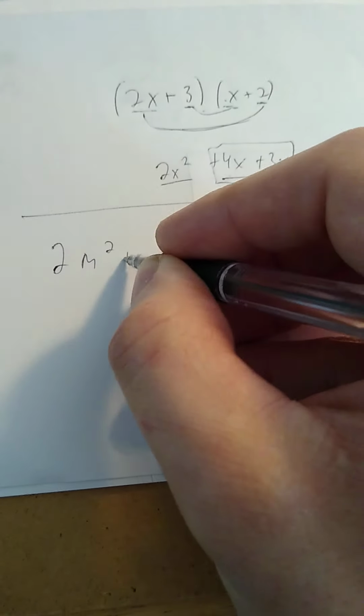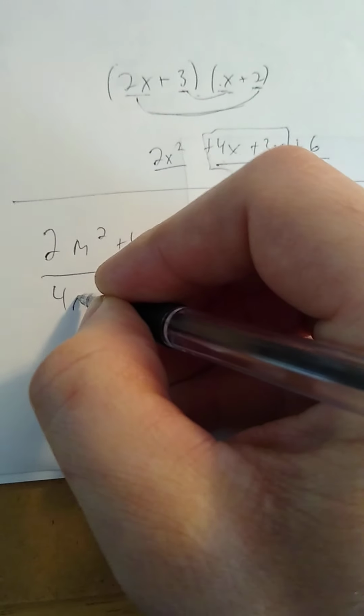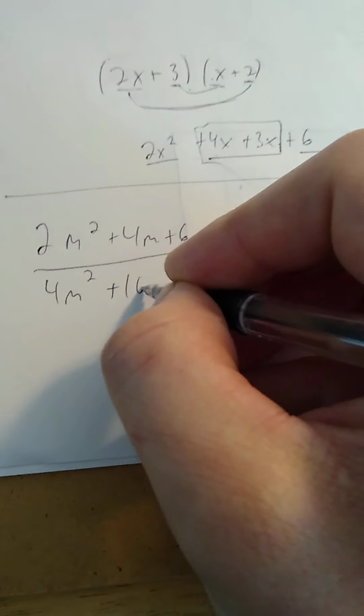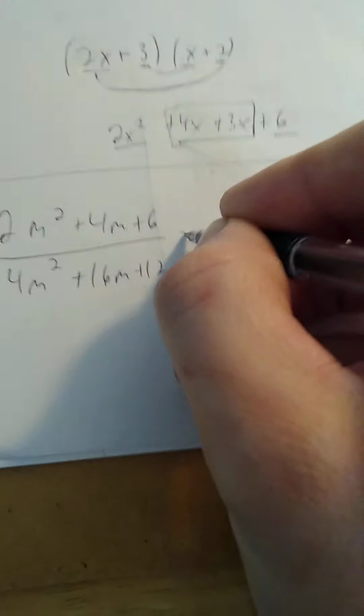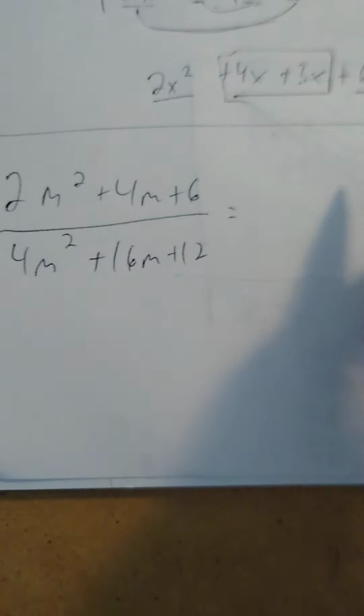What I have is 2m squared plus 4m plus 6 over 4m squared plus 16m plus 12. So again, I'm just going to take a look at GCF here, which would be 2. So I'm going to take a 2 out.